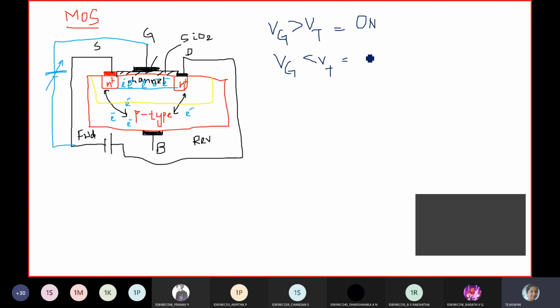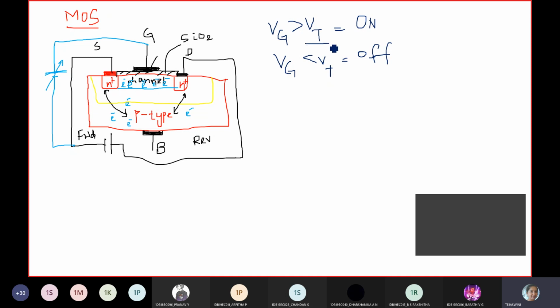So how do we define threshold voltage? It is the minimum voltage required to accumulate a sufficient number of electrons, meaning enough that conduction can be established.